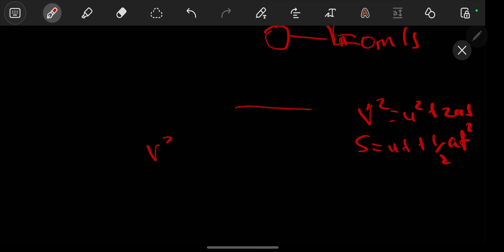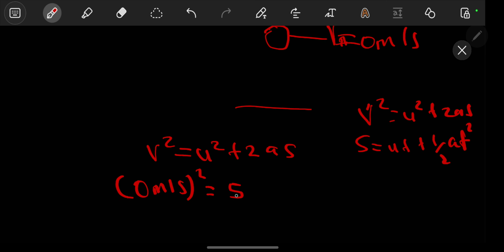Now using v squared equal to u squared plus 2as. Remember, at the maximum height, the final velocity is equal to 0. We have 0 meters per second, we square this, should be equal to the initial. This is the same sandbag, so it began with 5 meters per second.